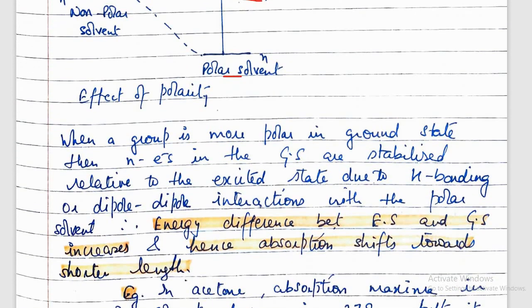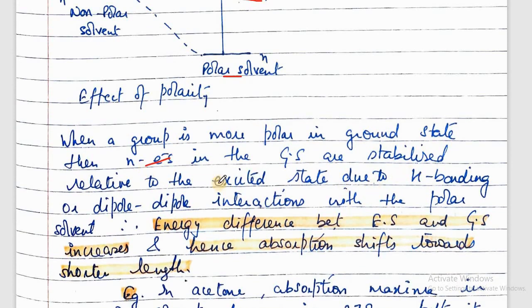That is, when a group is more polar in the ground state, then the n electrons in the ground state are stabilized relative to the excited state due to hydrogen bonding or dipole-dipole interactions with the polar solvent. Therefore, the energy difference between excited state and ground state increases, and hence absorption shifts towards the shorter wavelength.